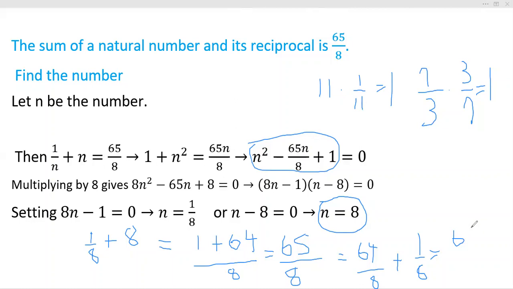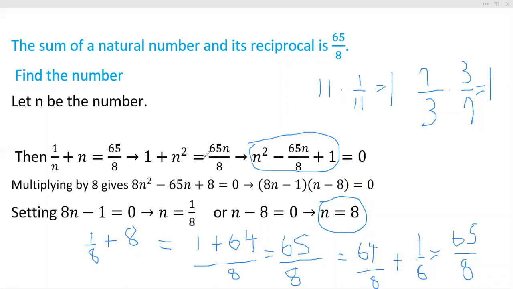Now I know this is a little overkill, but with some of these problems, the composers didn't go to a lot of trouble to make nice problems where you could guess. In this particular case, an educated guess leads to the very same solution as going through all of this. But this isn't particularly difficult. It's slightly tedious, but you directly translate it: the sum of a number and its reciprocal is 65/8.